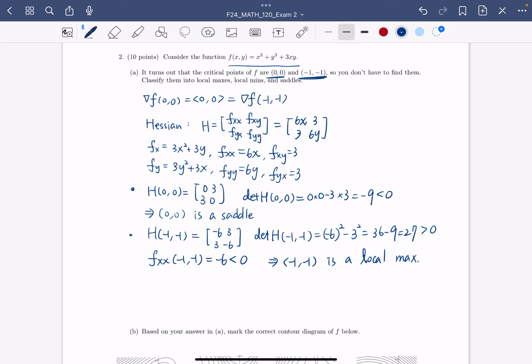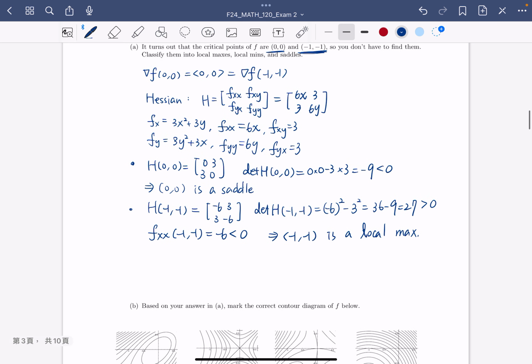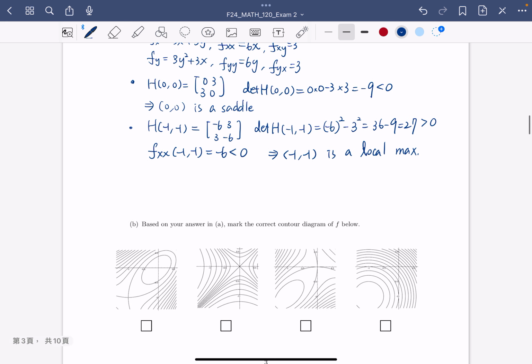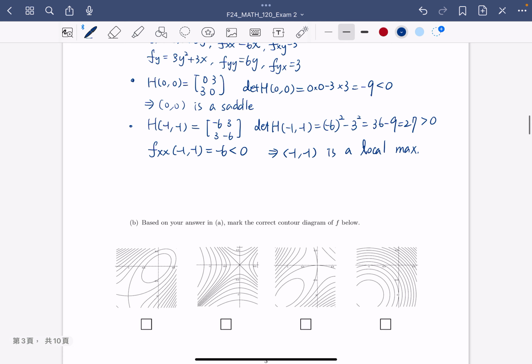Okay, how about part B? Based on your answer in part A, mark the correct contour diagram of f below.